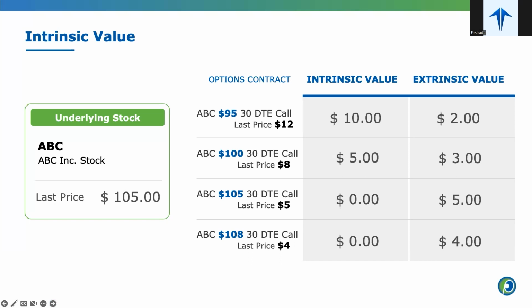Think about that: when you have an option that is near or at the money, so 105 and 105 in this case, it just has to move a penny to be in the money or a penny to be out of the money. So there's a lot more action there, if you will.